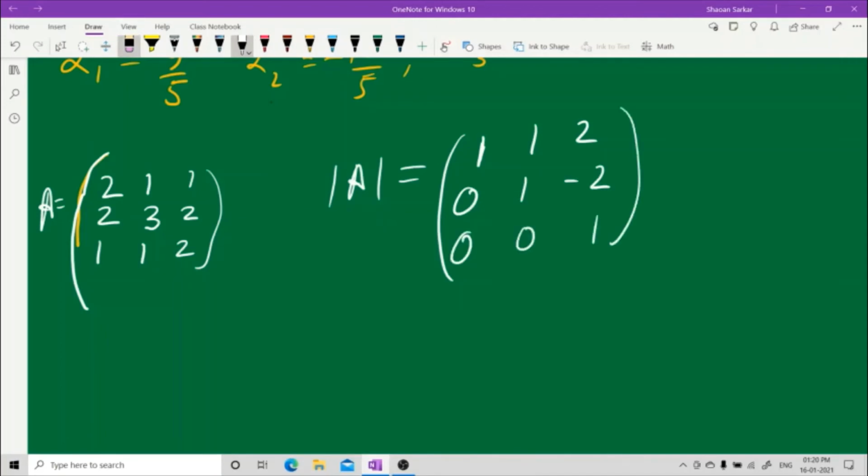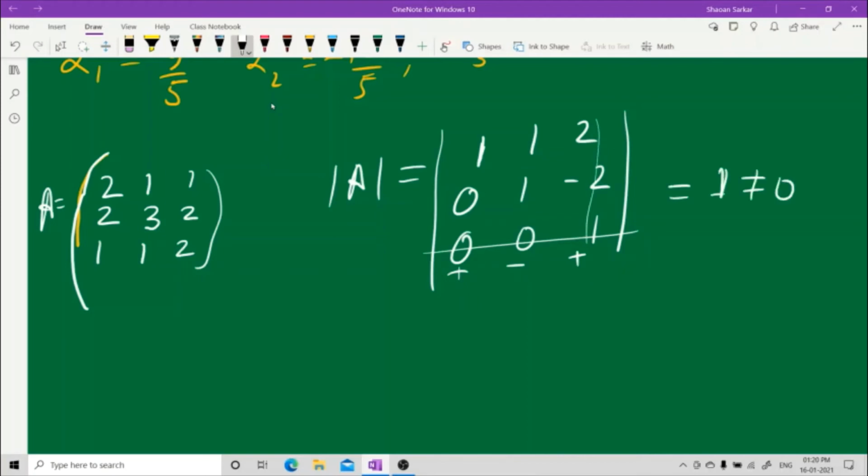The determinant comes out with signs plus, minus, plus, and if I hide this row and this column, I get 1, which is not 0. This is only possible if it is a 3 cross 3 or 4 cross 4 or 5 cross 5 matrix. I cannot do it for the previous one, the 3 cross 4 matrix.